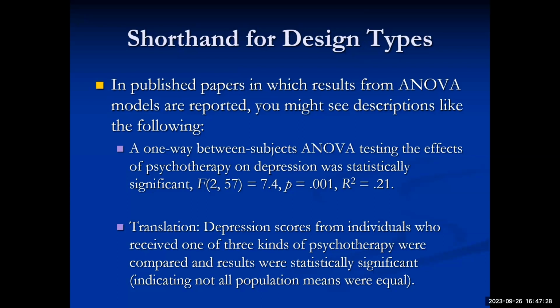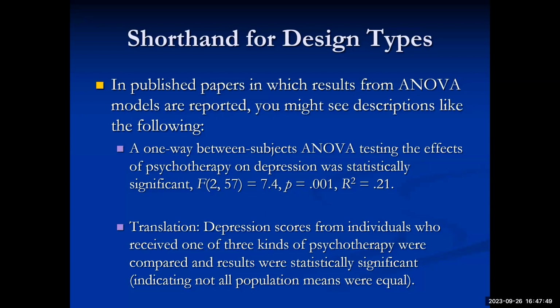If you're reading a results section in a published manuscript where the authors have used ANOVA models as part of the analytical framework, you might see statements like, a one-way between subjects ANOVA testing the effects of psychotherapy on depression was statistically significant. And then there's some technical statistical information there.